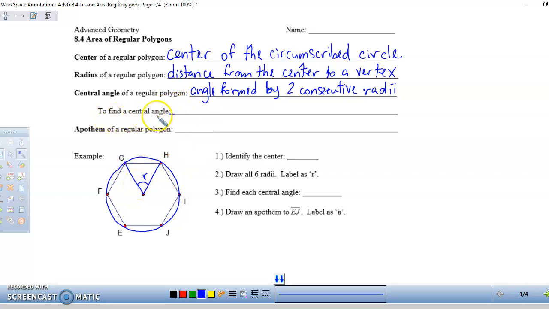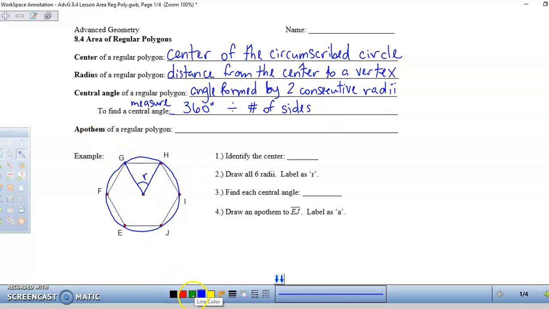To find the angle measure, so find a central angle, this is asking actually for the measure. As you can imagine, if we drew all of those radii in there, we would end up with 6 central angles, and they should all be congruent to each other. So all you do is you take 360 degrees all the way around the shape, and you divide by the number of sides. And that should give you your central angle measure in particular.